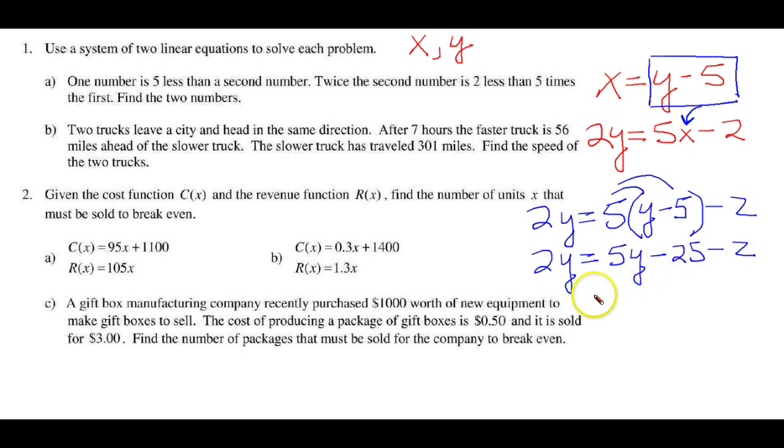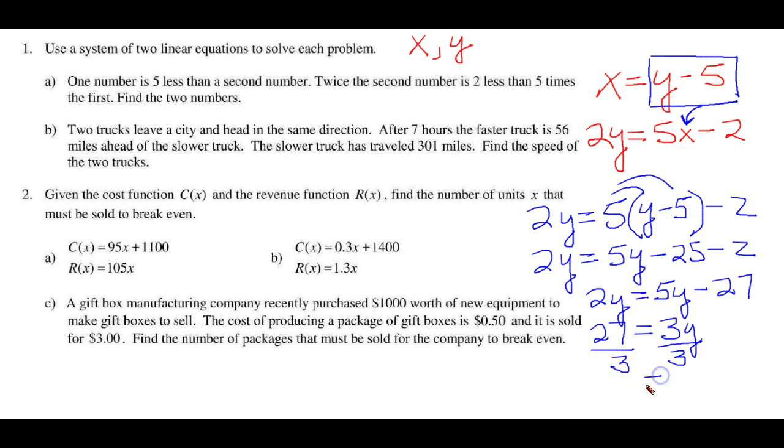I'm going to collect like terms, and I get 2y equals 5y minus 27. Now I would like my y's to be positive, so I'm going to transpose this 2y by subtracting 2y from both sides, and I get 3y there. Transpose that, I get 27. I'm going to divide both sides by 3. I get y equals 9.